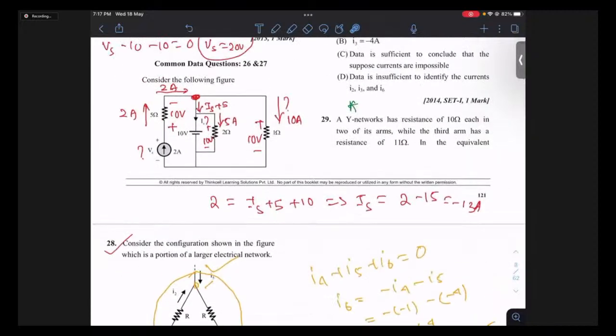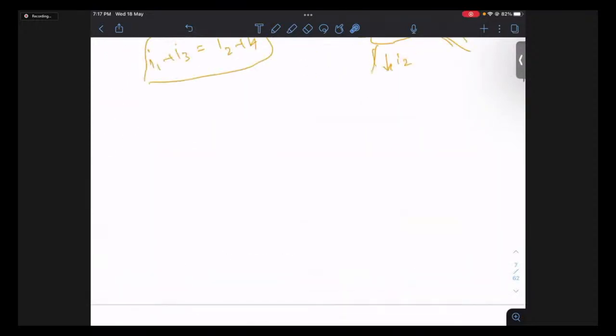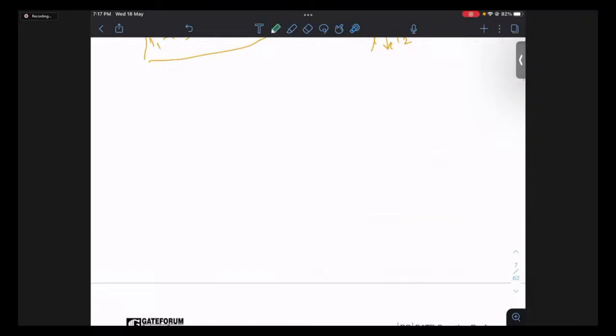So what is being given? There is a star network. In the star network, 2 arms have resistance 10 and 1 arm has resistance 11. So this is 10, 10, and 11. They're asking, if you convert this into delta, what is the minimum value of the delta resistors? You'll get 3 resistors, one here, one here, and one here.